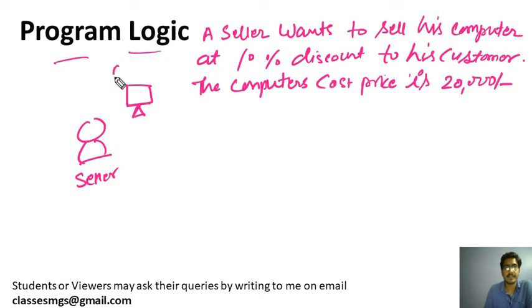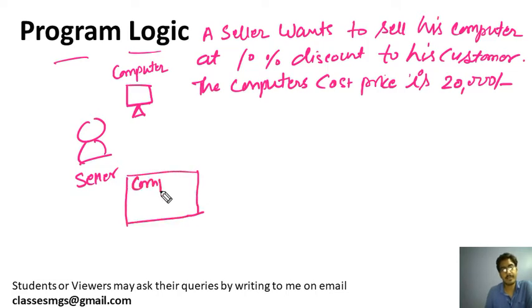Okay, this is the computer and he has some notice board. Let's suppose it says computer at 10% discount, like a notice or announcement. And here we have the customer.